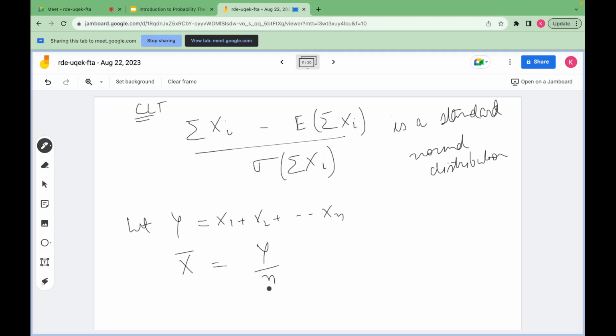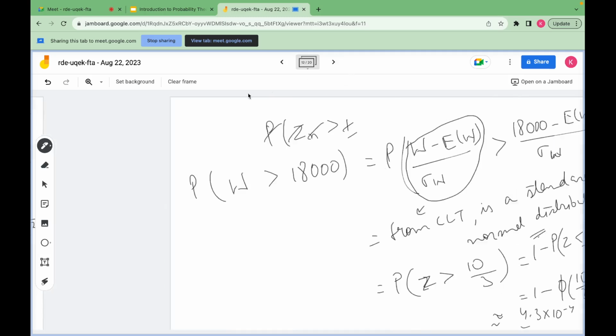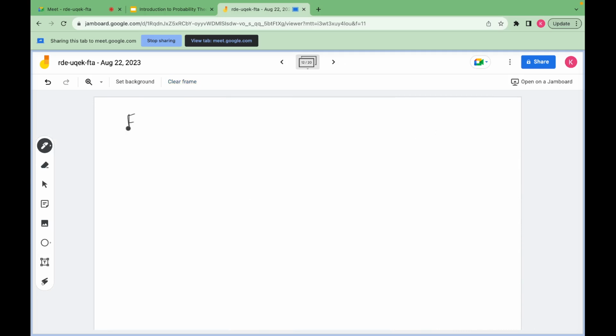Now the expectation of xi is 1 by lambda and the variance of xi is 1 upon lambda square, as they are exponentially distributed. The expectation of y will be n by lambda and the variance of y will be n upon lambda square, right?